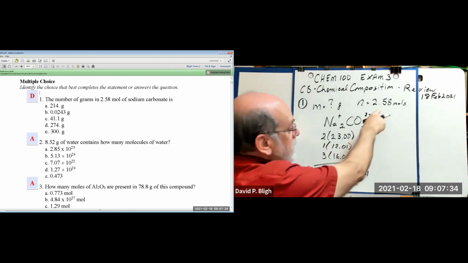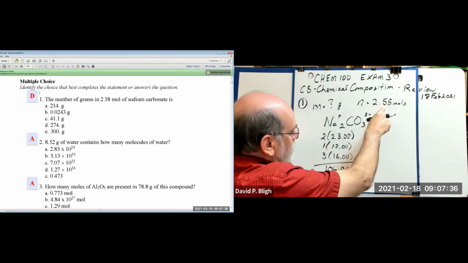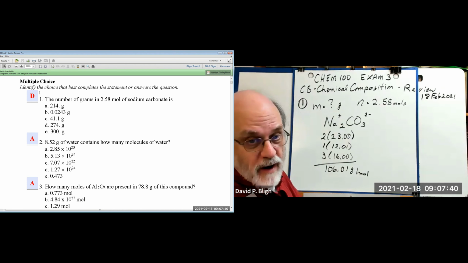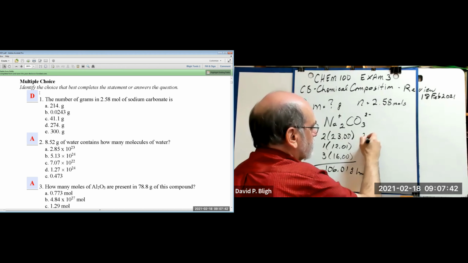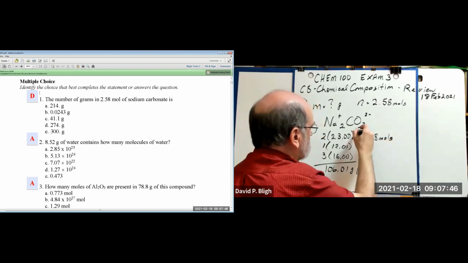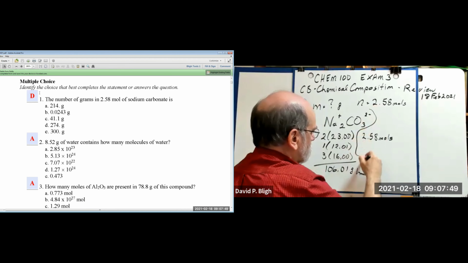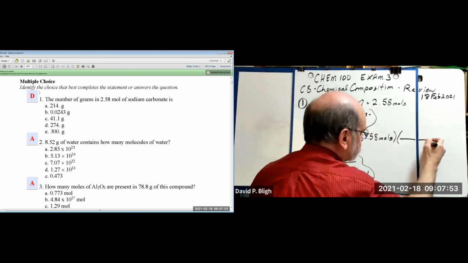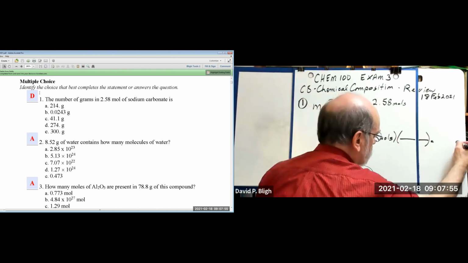Okay, so now we want to change this into grams. So this is a dimensional analysis problem, really. Let's see. You want to end up with grams.